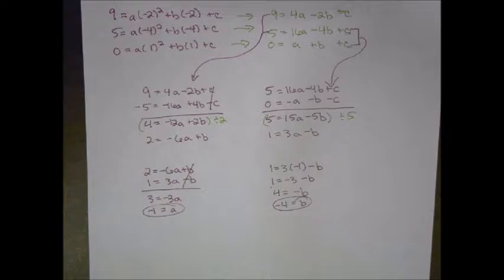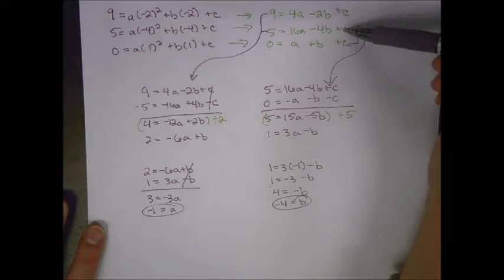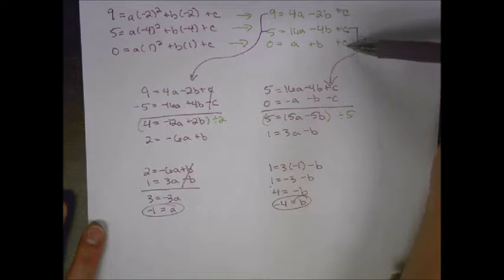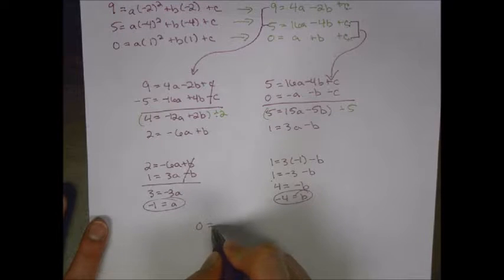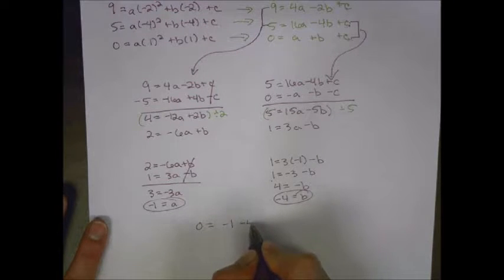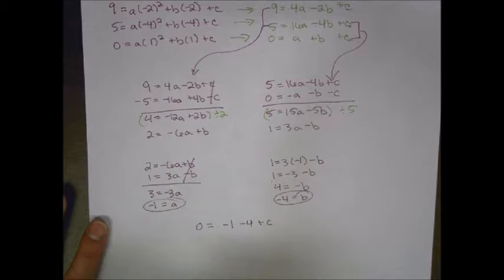And now we'll plug both of them in to find c. So we get to pick one of our 3. I'm going to pick the bottom one. 0 equals negative 1 minus 4 plus c. 0 equals negative 5 plus c, so c equals 5.